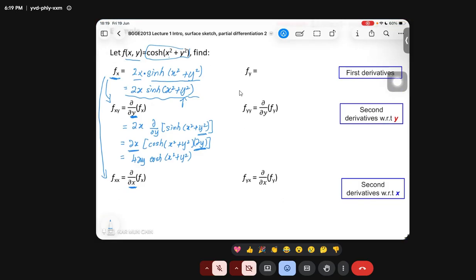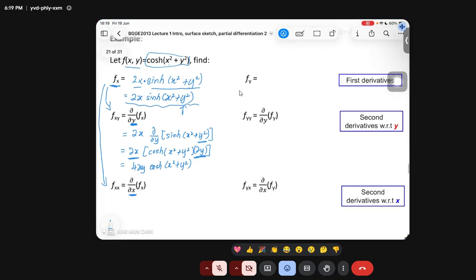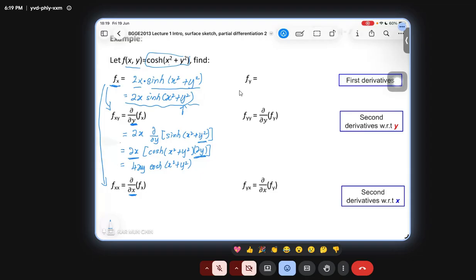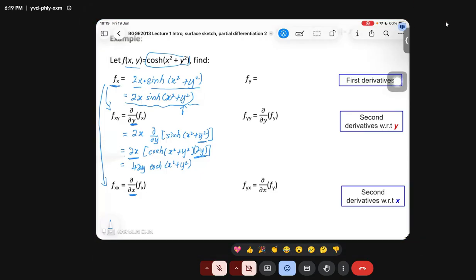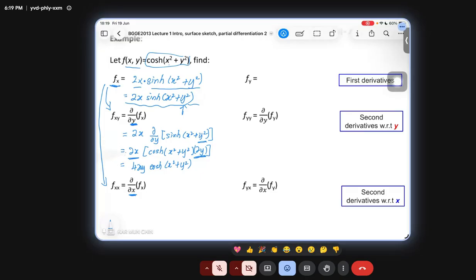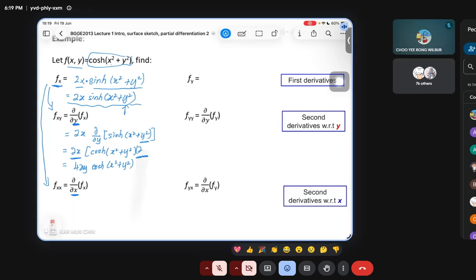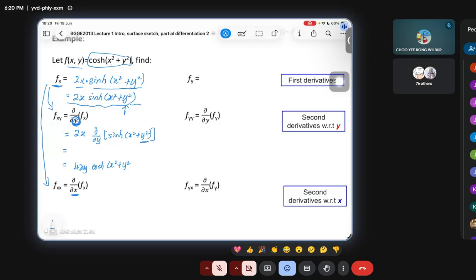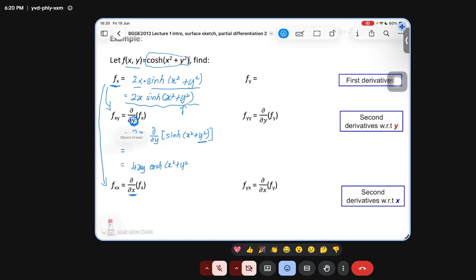A bit confusing. Which part? The second one or the third one? The second line. Okay, so we go back to the second line. For this one, the second derivative, we derive with respect to y, correct or not? When we derive with respect to y, the 2x, we just treat it as a constant, so we just copy it. This is outside your derivation.